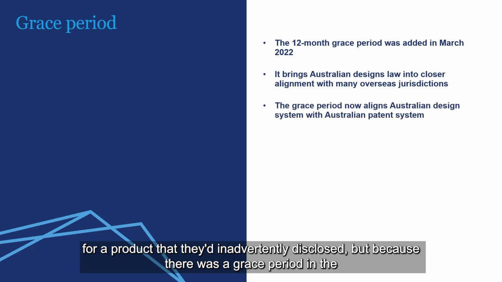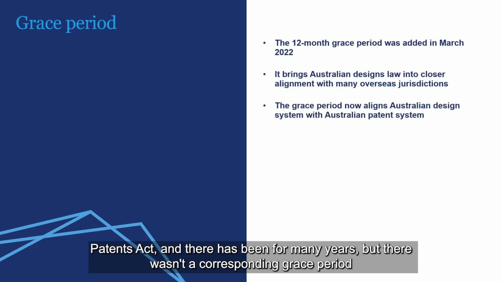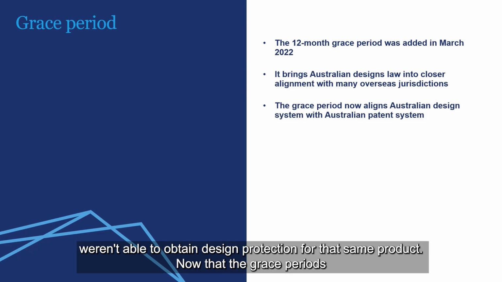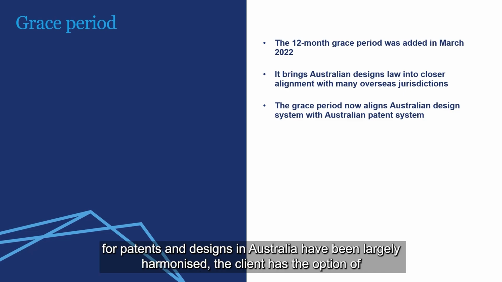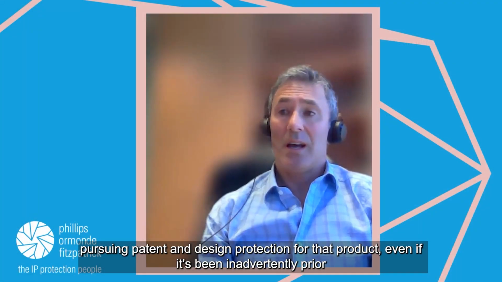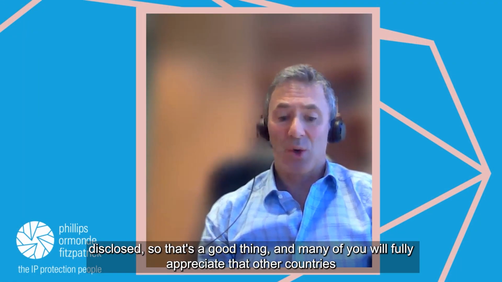But because there was a grace period in the Patents Act, and there has been for many years, but there wasn't a corresponding grace period in the Designs Act, they were able to obtain patent protection for a product, but they weren't able to obtain design protection for that same product. Now that the grace periods for patents and designs in Australia have been largely harmonised, the client has the option of pursuing patent and design protection for that product, even if it's been inadvertently prior disclosed. So that's a good thing.